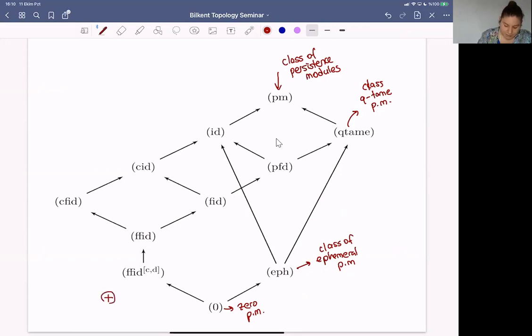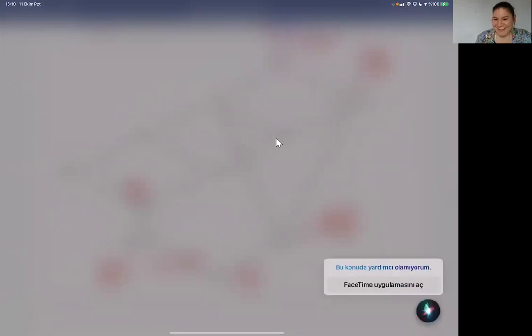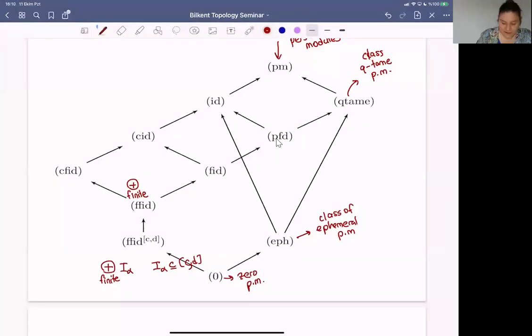It is saying that you should work on a finite direct sum, and each interval should be contained in a compact interval [c, d]. Sorry, the decomposition is finite and each interval is also finite, I mean, has a finite length.